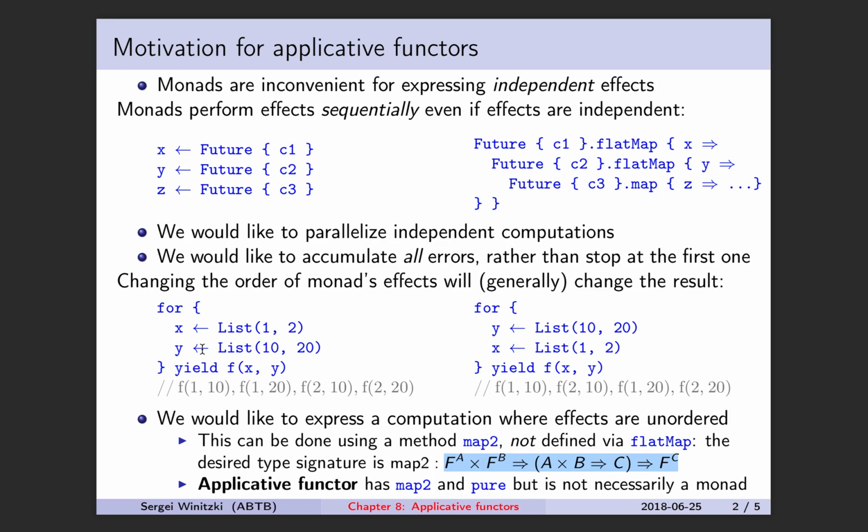Now, the key observation here is that we would like to not use the Flatmap, because Flatmap will force this ordering of effects, and it will prevent us from having commutative effects. Whereas this function we could define differently.